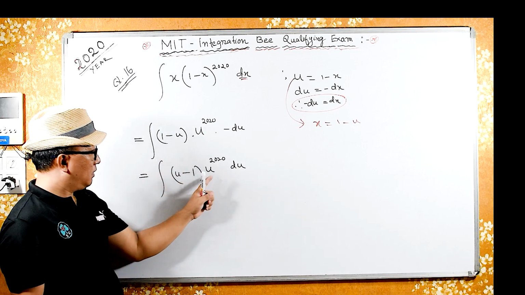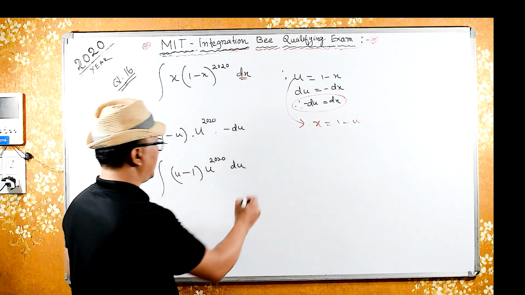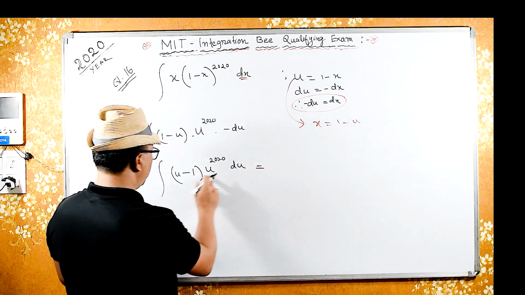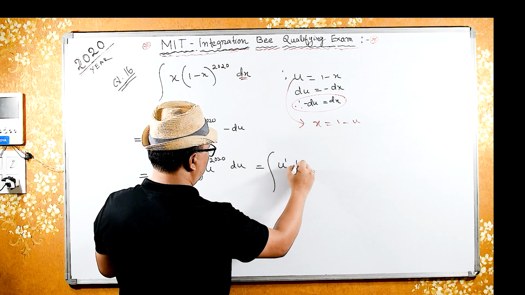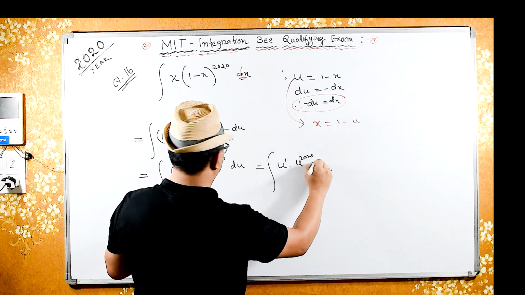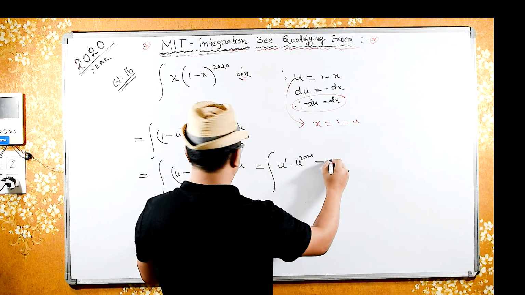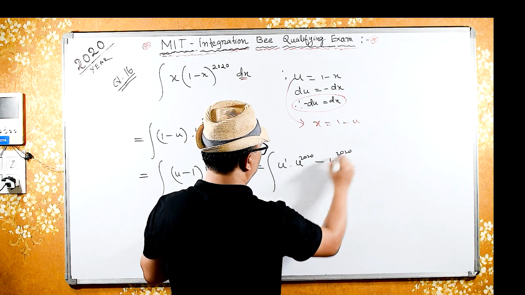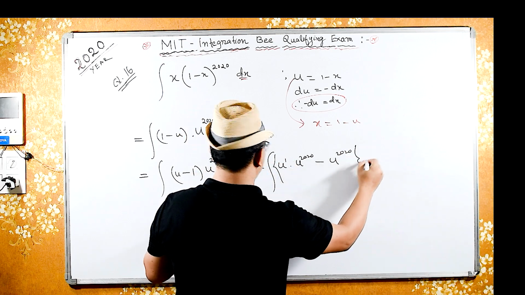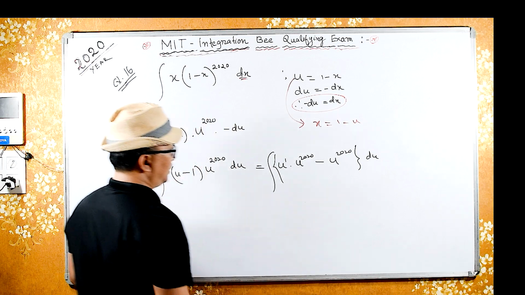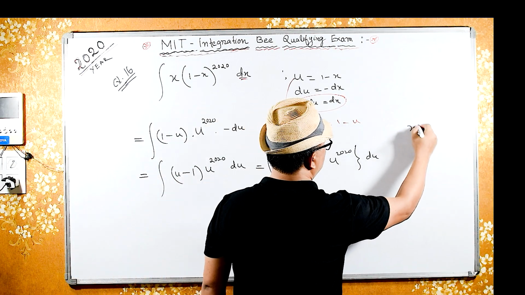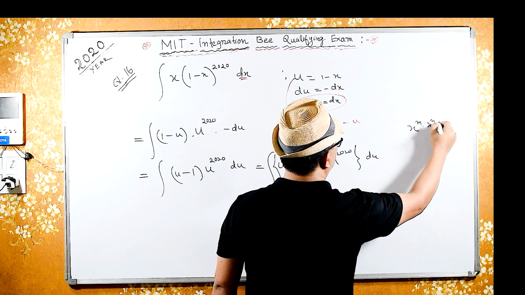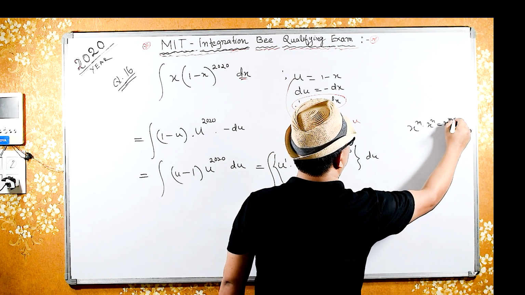Now let's separate this. This is the integral of u raised to 1 into u raised to 2020, minus u raised to 2020, integral with respect to u. Now if bases are the same, we can add indices, because x raised to m into x raised to n is the same as x raised to m plus n.